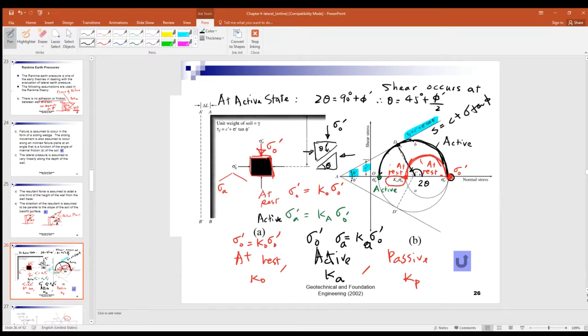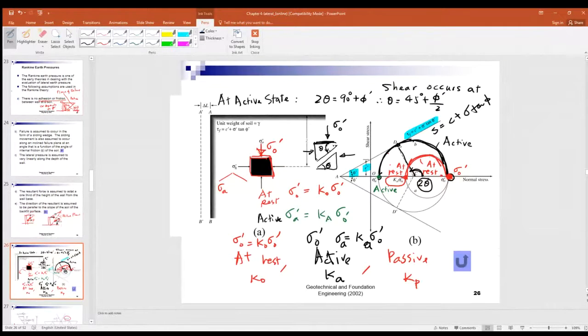Now, what's the failure plane? If you measure this 2 theta, it is counterclockwise, anti-clockwise 2 theta, to the sigma naught plane. That is double, 2 theta, and here you have theta.